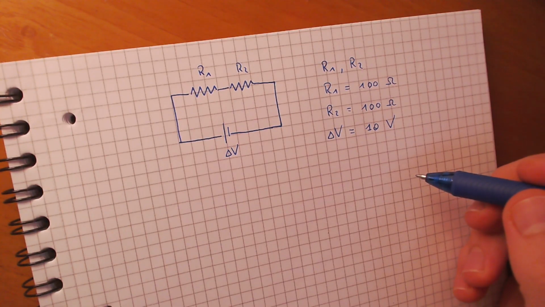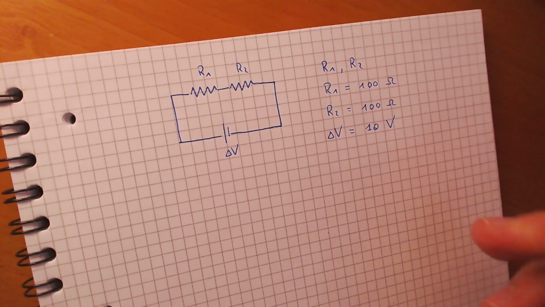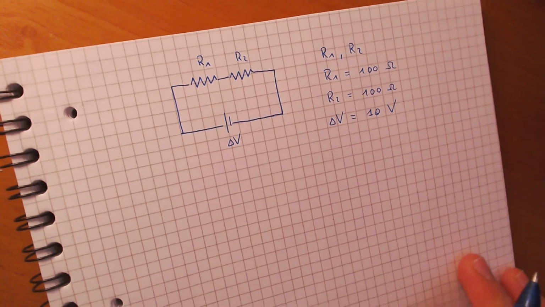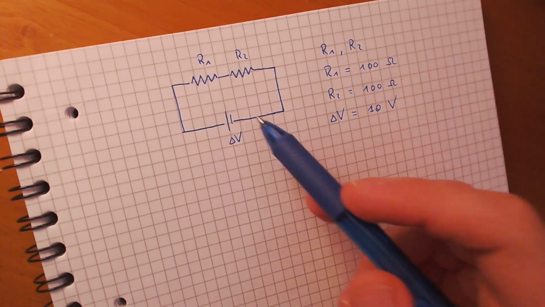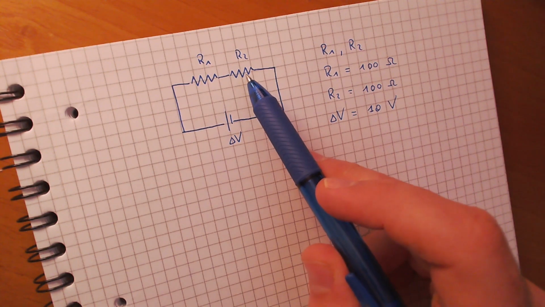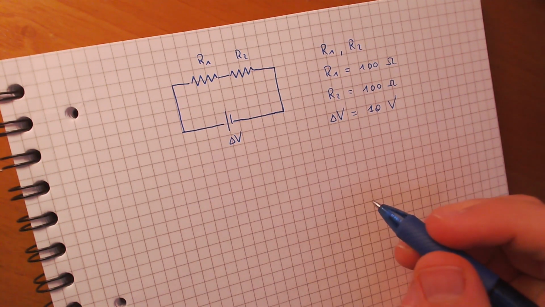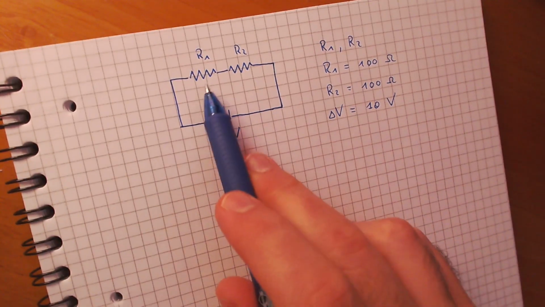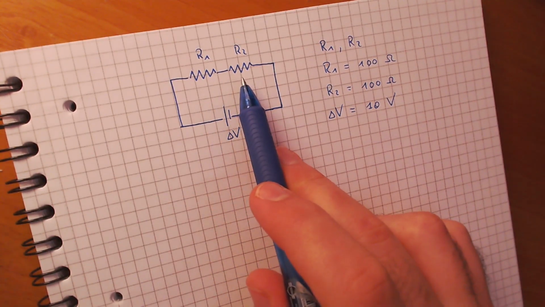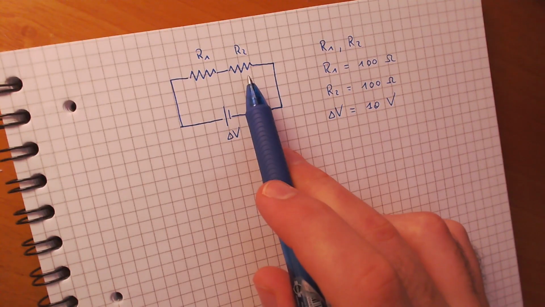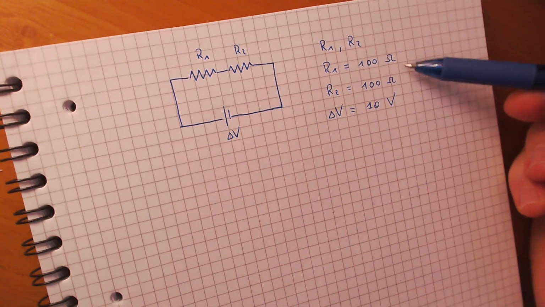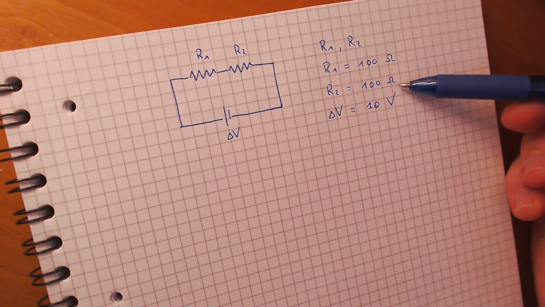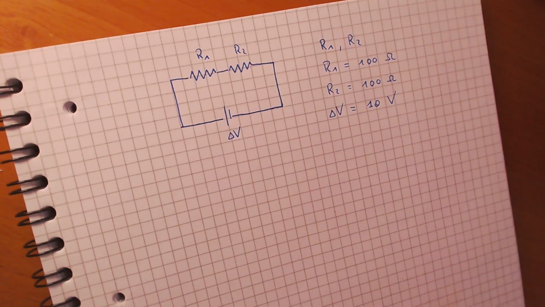The idea here is that we have a series of resistors, so since the two resistors are in series, we have to sum the values of these two resistors in order to obtain an equivalent resistor.